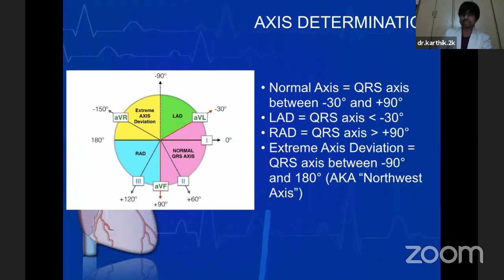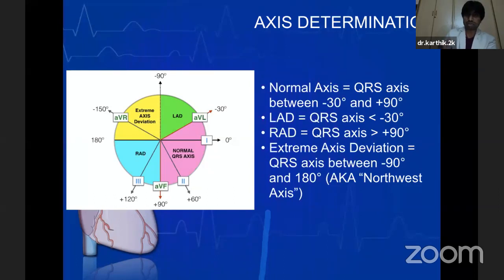The normal axis is between minus 30 degrees and plus 90 degrees. When it is beyond minus 30 degrees, it is called left axis deviation, as you can see in this figure. And when the axis is beyond plus 60 degrees, it is called right axis deviation.